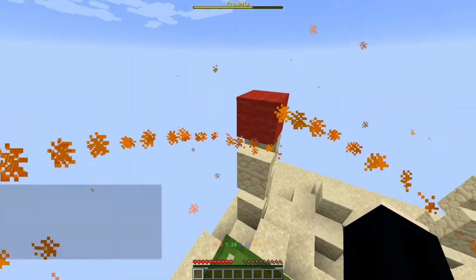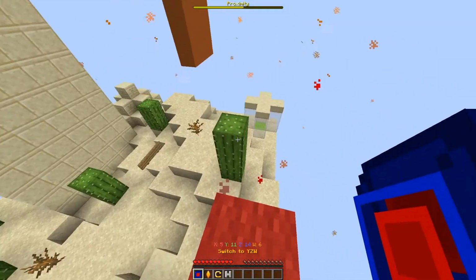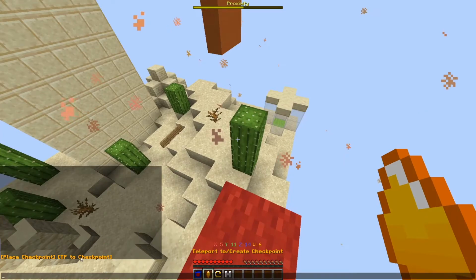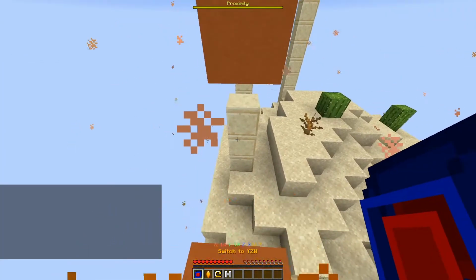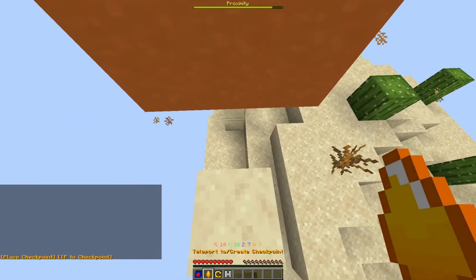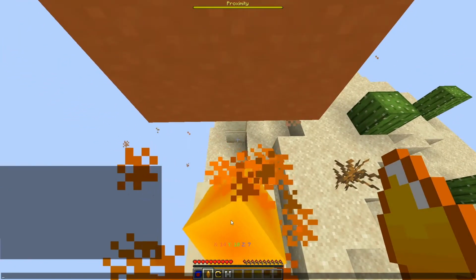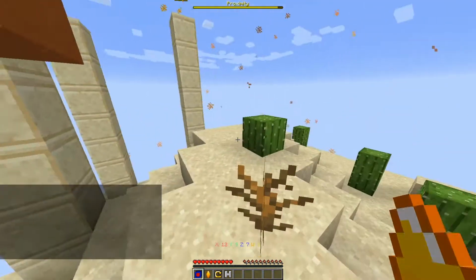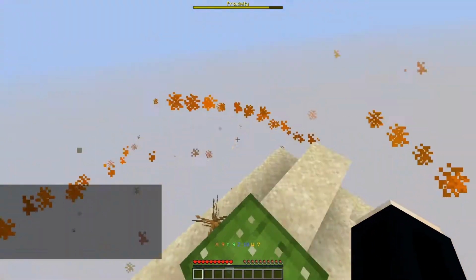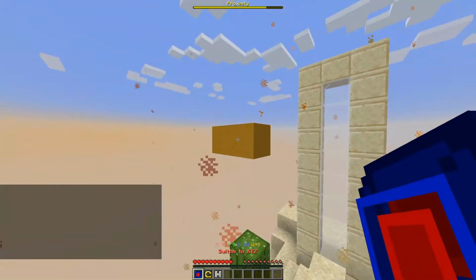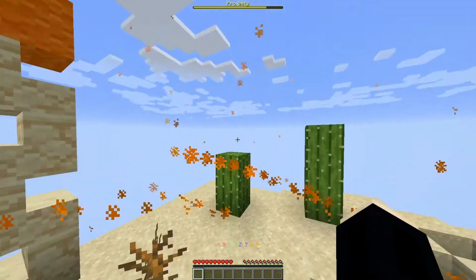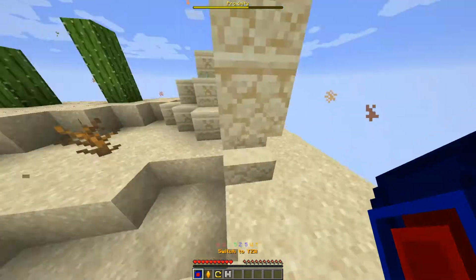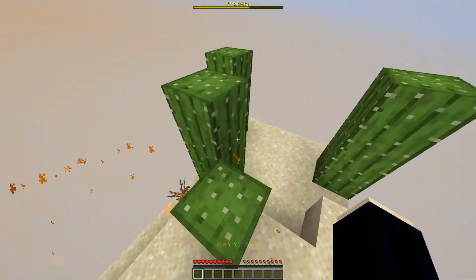Here, get this, go to the checkpoint, go here, then make the checkpoint. Now we have to launch thing. It's like that. Where is it? Ah, over here. Yep.